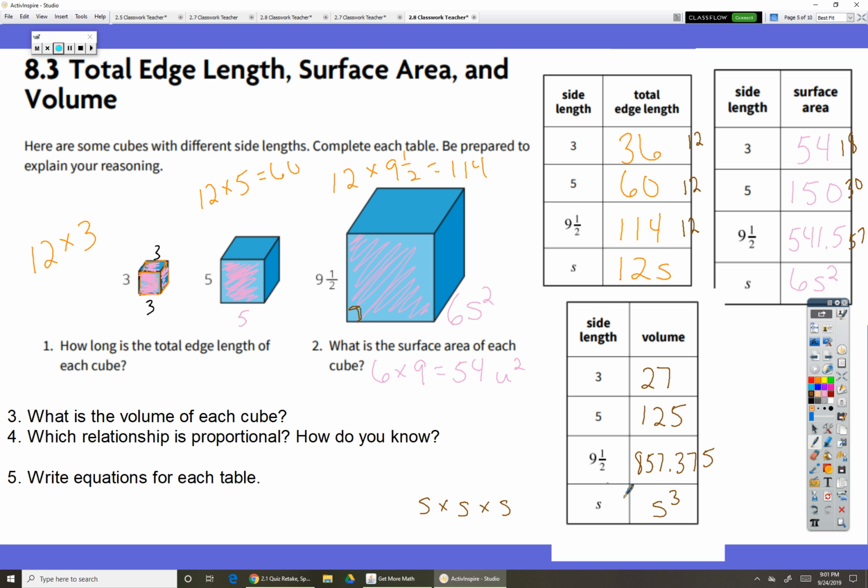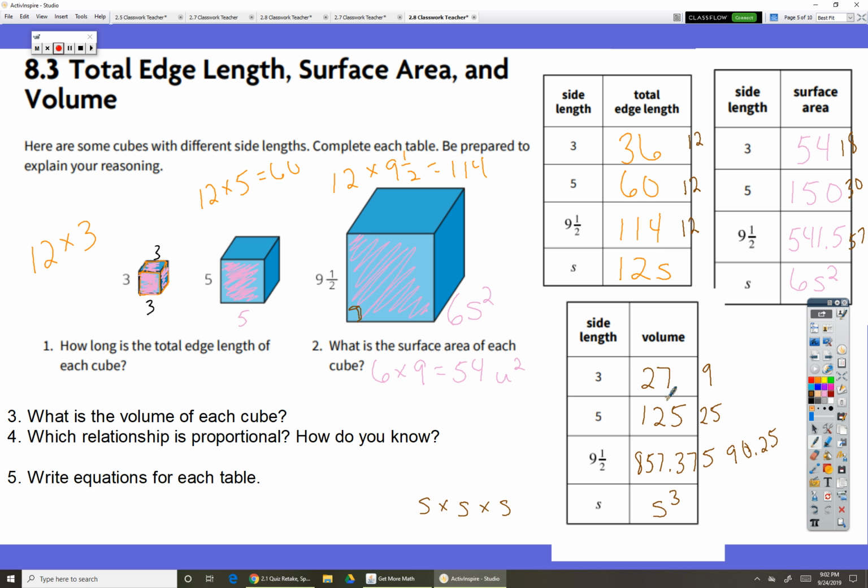If we take a look at the last table, 27 divided by 3 is 9. 125 divided by 5 is 25. And 857 and 375 thousandths divided by 9.5 is 90 and a quarter, 90 and 25/100. So this one is also not a proportional relationship.